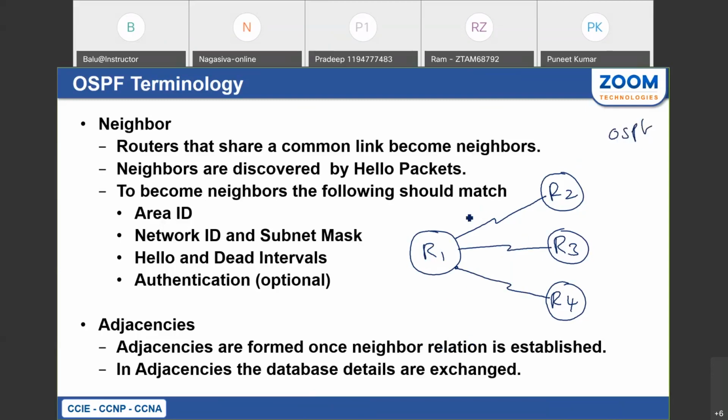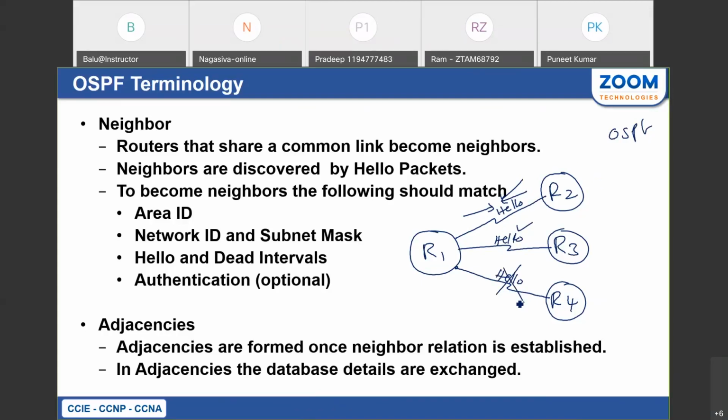Now R1 exchanges hello packet. R2 also gives a reply. Now hello packet is matching. Hello packet is same for R1, R2. Now R1, R3 hellos are being exchanged, and hello packet is also matching between R1, R3. R1, R4, they exchange hello packets, but hello packets are not matching.